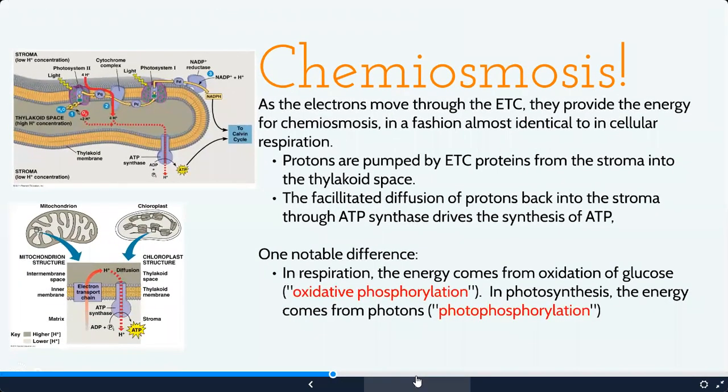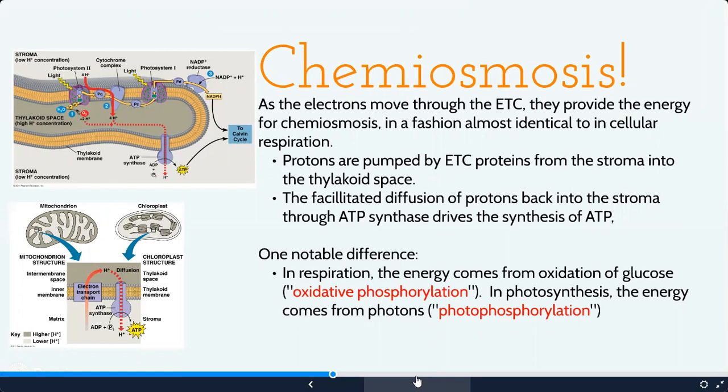Then what happens is the protons, the hydrogen ions, actually get pumped into the intermembrane space, or the thylakoid space, so in between. And those hydrogen ions obtain a really high concentration.